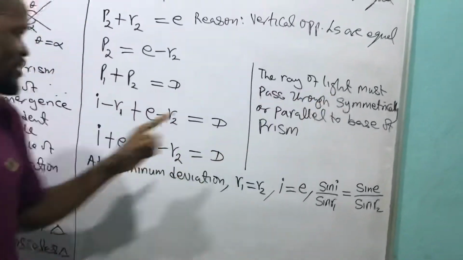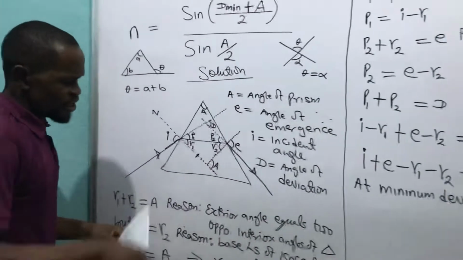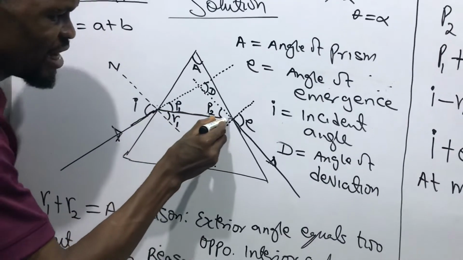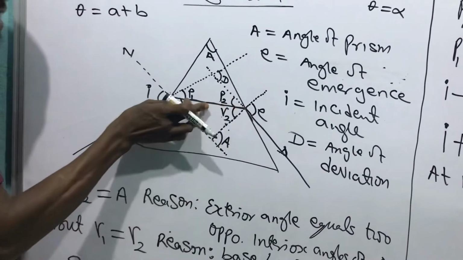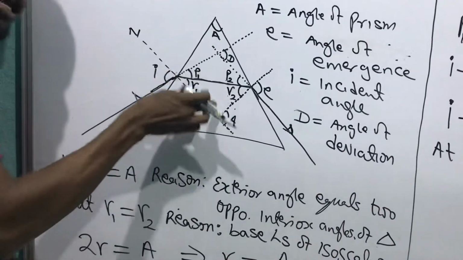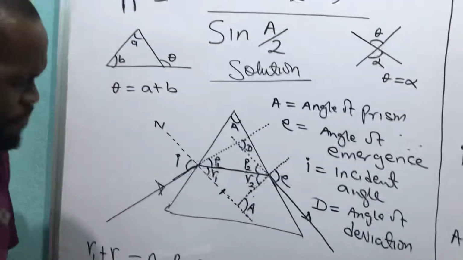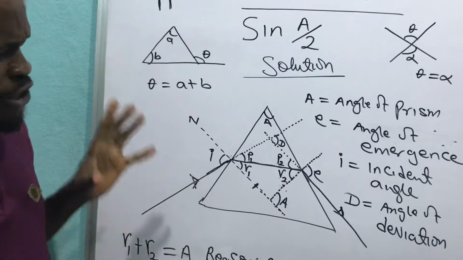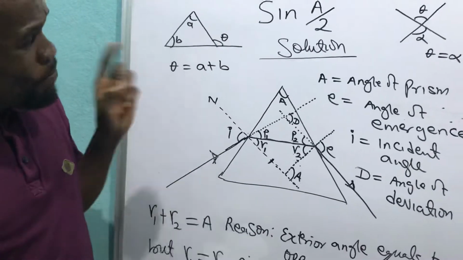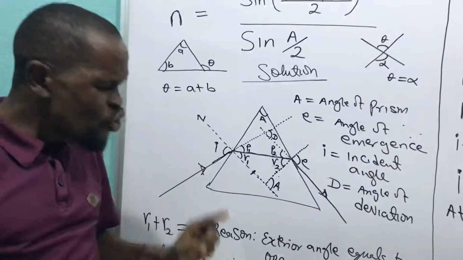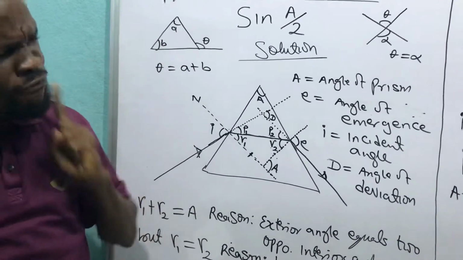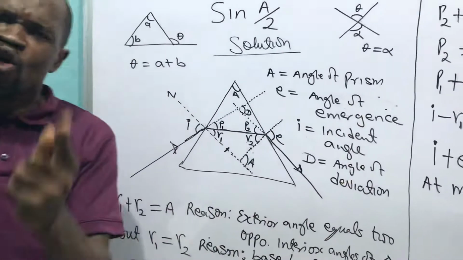The ray of light, look at it, come over here. It must pass symmetrically. That's what I mean by symmetrically, and parallel to the base of the triangular prism. So when we ask you a question in exam or test and say that a ray of light passes symmetrically through a triangular prism, we have already informed you that minimum deviation occurs.